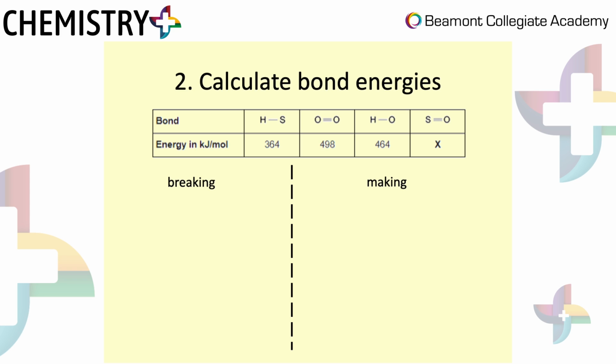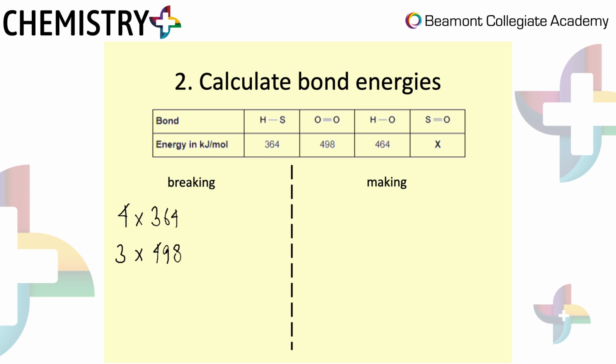So let's look at the breaking first. We had 4 lots of the HS, so that would be 4 times 364. And we had 3 times the double O, so that would be 3 times the 498.